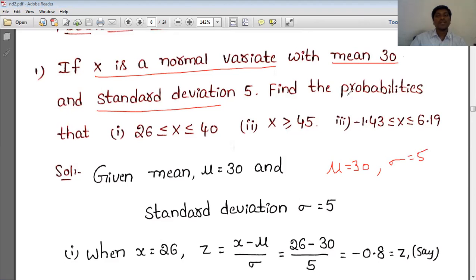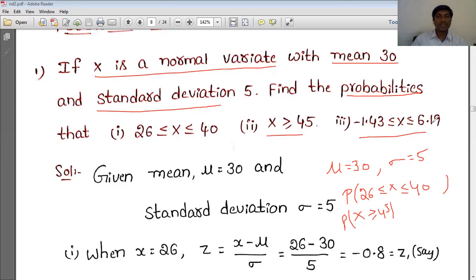Find the probabilities. Probability we represent as P. The first question they asked is P of 26 ≤ x ≤ 40. In the same way, the second question is P of x ≥ 45. And next, the third question, P of -1.43 ≤ x ≤ 6.19.